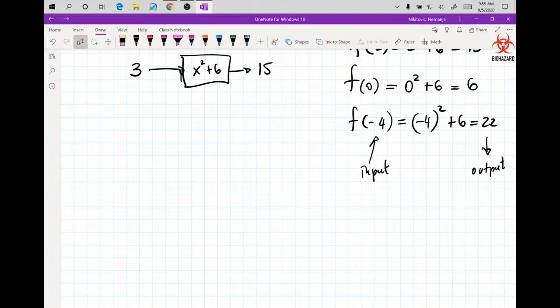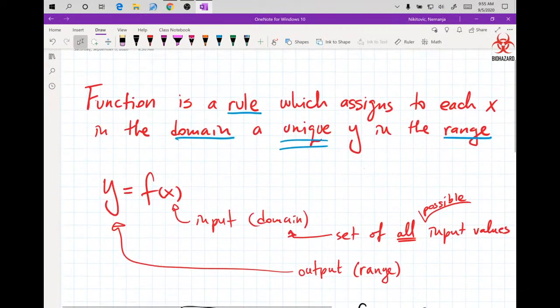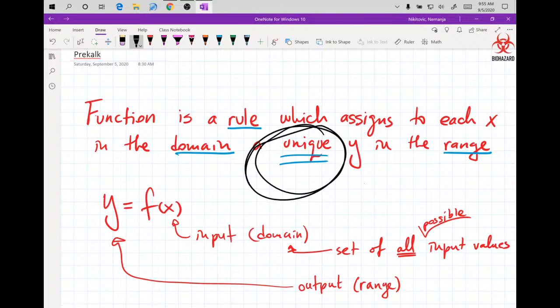Before we jump there, I just want to talk a little bit about this uniqueness business over here. This is the word that makes the function, which is why I underlined that one twice. So you know the rule is the formula, the domain is the set of input values, the range is the set of output values. You know all of that.